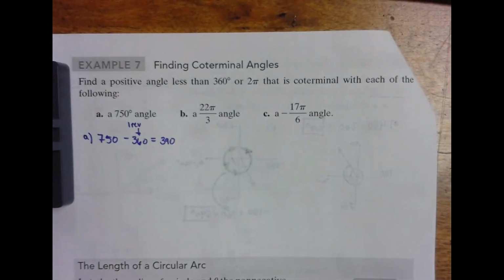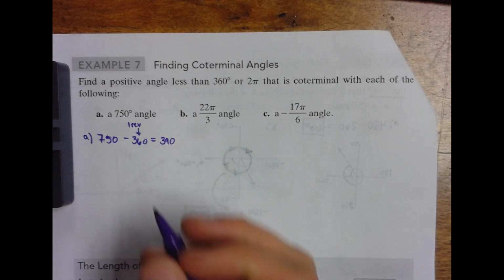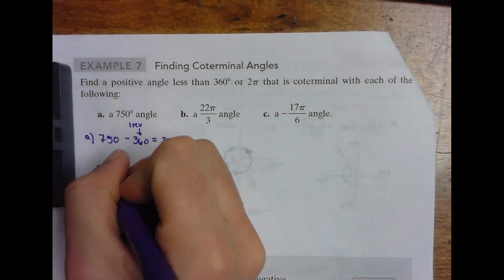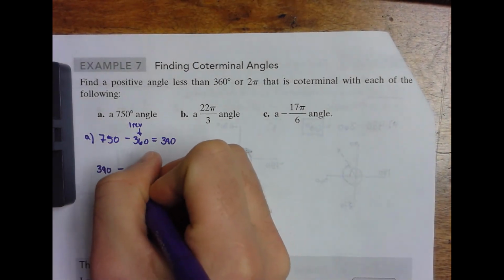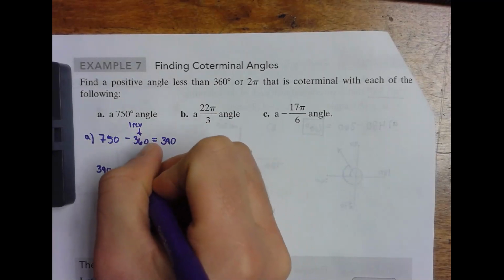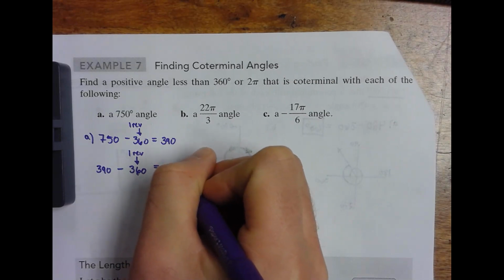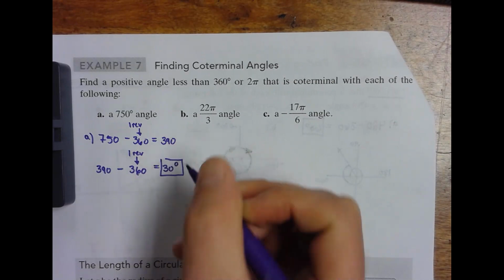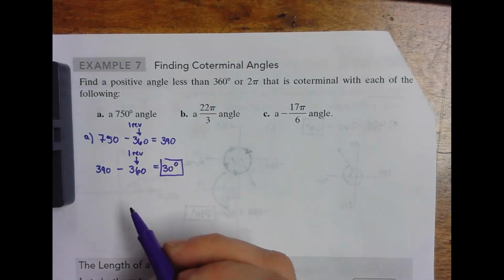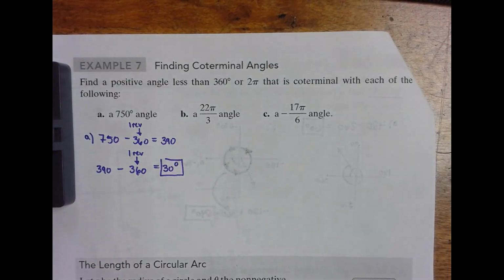So we're still more than 1 full revolution with this angle amount. So I'm going to have to subtract away another revolution. So 390 minus 360 is 30 degrees. And so 30 degrees is coterminal with 750, which is also coterminal with 390. Yeah?